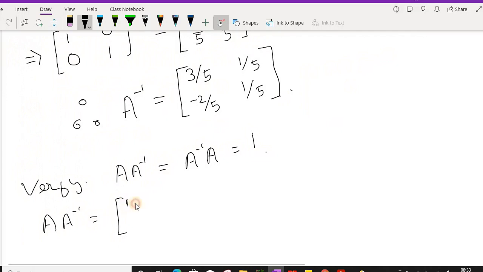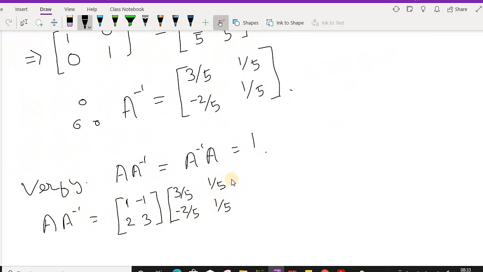A inverse we got is 3 by 5, 1 by 5, minus 2 by 5, 1 by 5. You multiply these two. So what will you get?